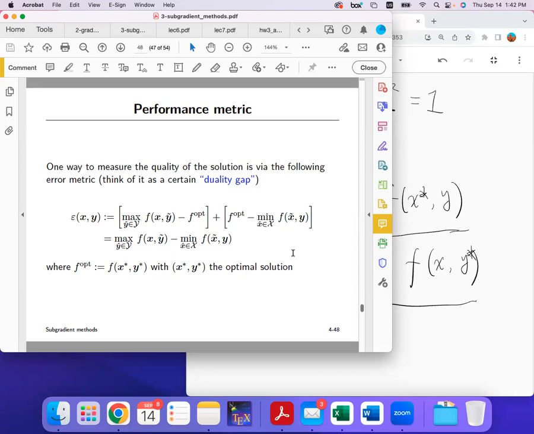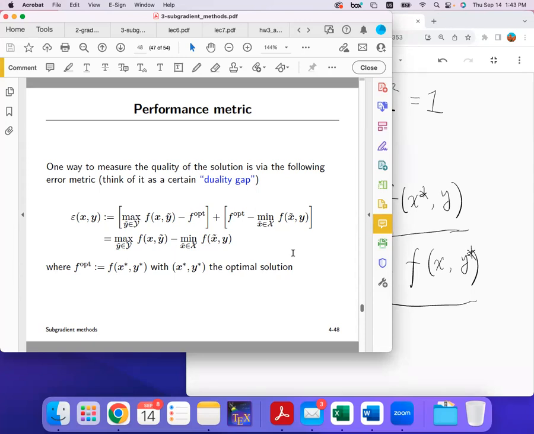Player two chooses y. What is the best response of player one? And if this max minus min is zero, that means x and y are best responses to each other, which means they achieve an equilibrium point.